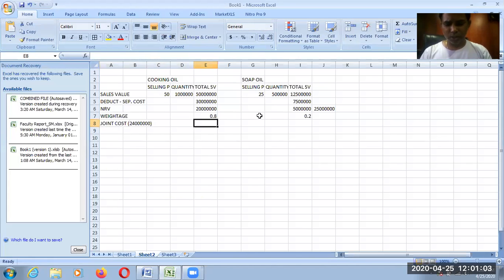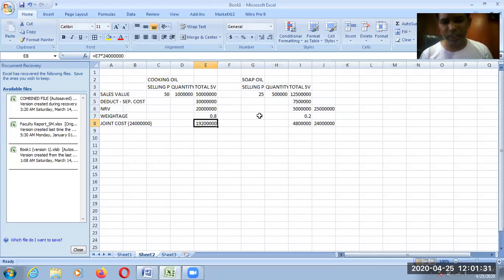Joint cost will be allocated on the basis of the ratio. So this is your total joint cost allocated. Let us check whether it is right or not. We'll use the sum formula, and you find here that it is okay. So this is how joint cost is allocated.